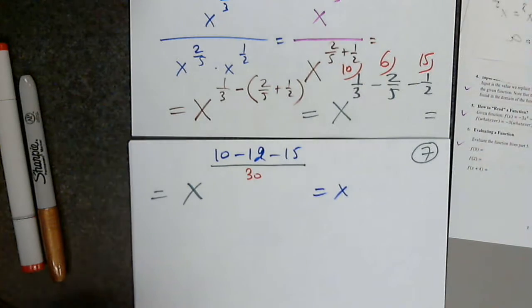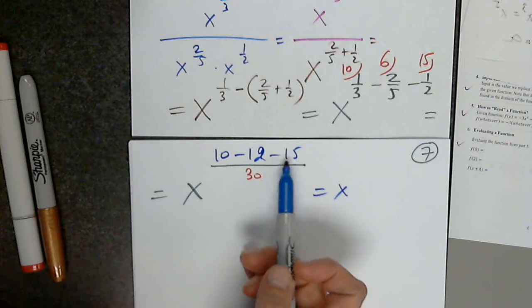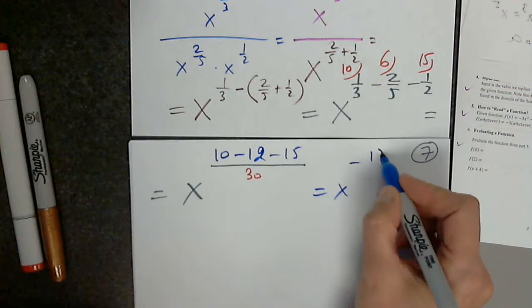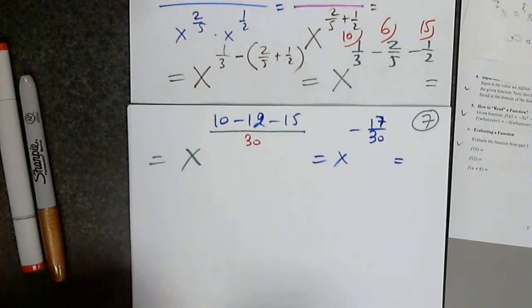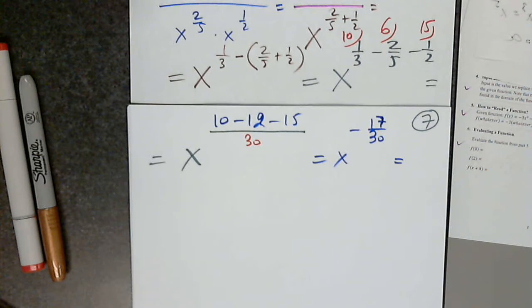So I get x to which power? Yes, because I have -27 plus 10, -17. Good. Now I have one more exponential rule to apply. Which one?